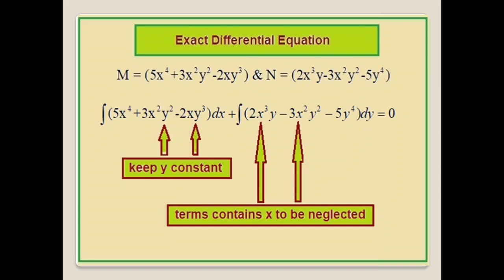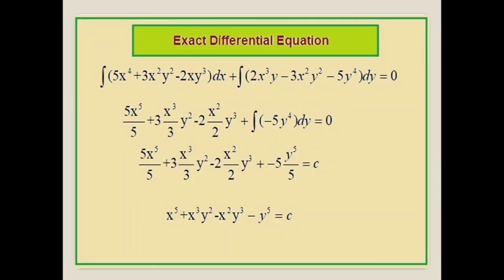So x cube is there, so completely neglect that term. 3x square y square, x square term is there and it is multiplying y square, so completely neglect that term. So two terms are being neglected here and only one term is left, and that is minus 5y raised to 4 into dy is equal to 0.